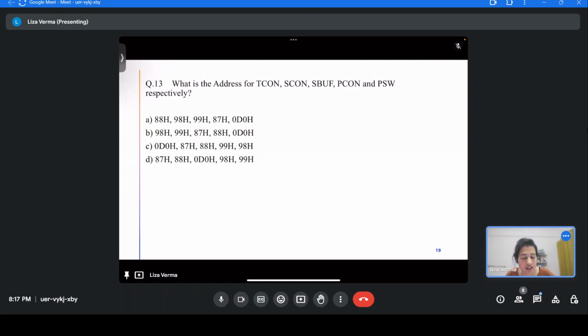Yes, option A is correct. I can remember TCON and SCON only. Okay, it's good if you remember, but option A is correct. TCON has 88H, SCON has 98H, SBUF has 99H, PCON 87H, and PSW D0H.